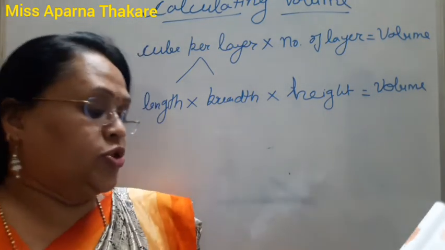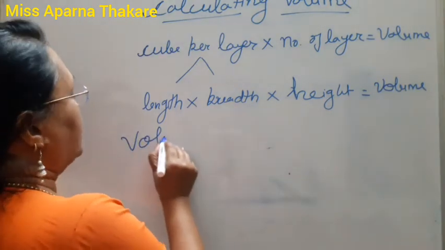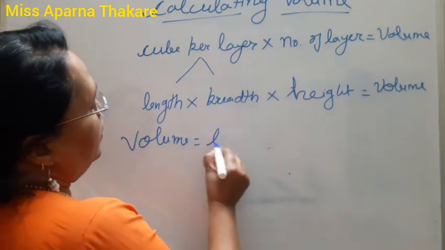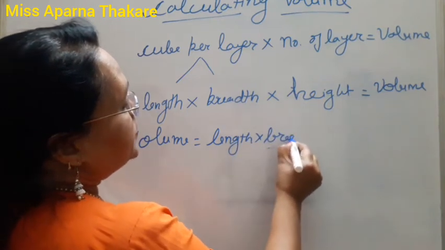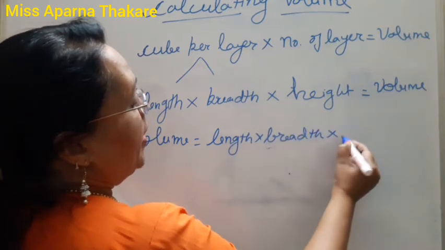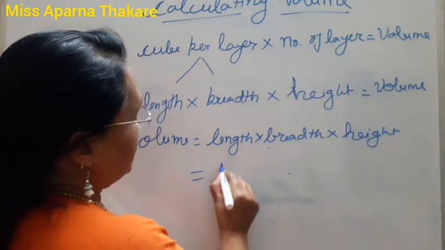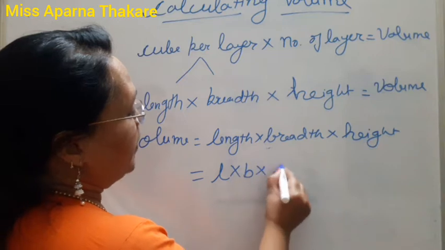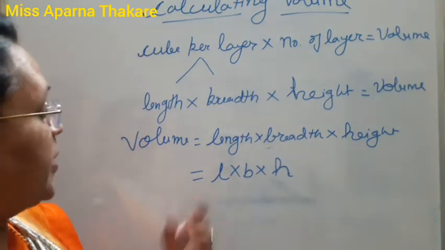So the shortcut to calculate the volume is: volume equals length multiplied by breadth multiplied by height, that is L multiplied by B multiplied by H. Got it? What is the shortcut method?